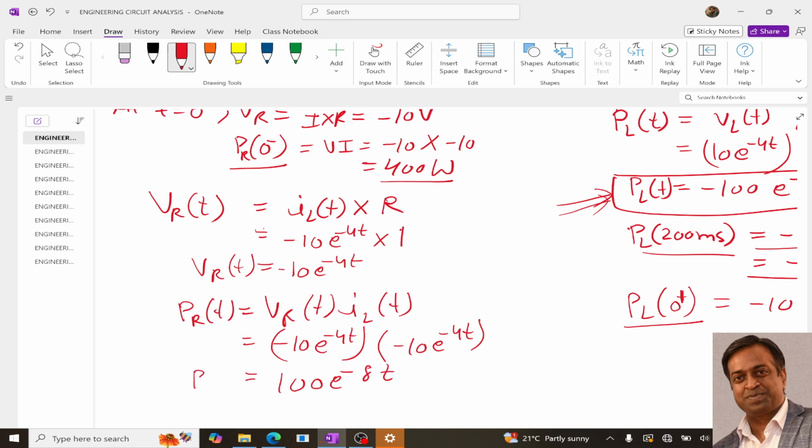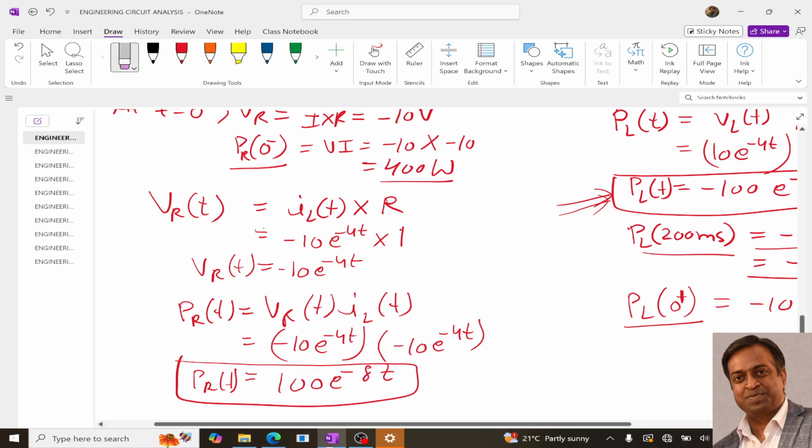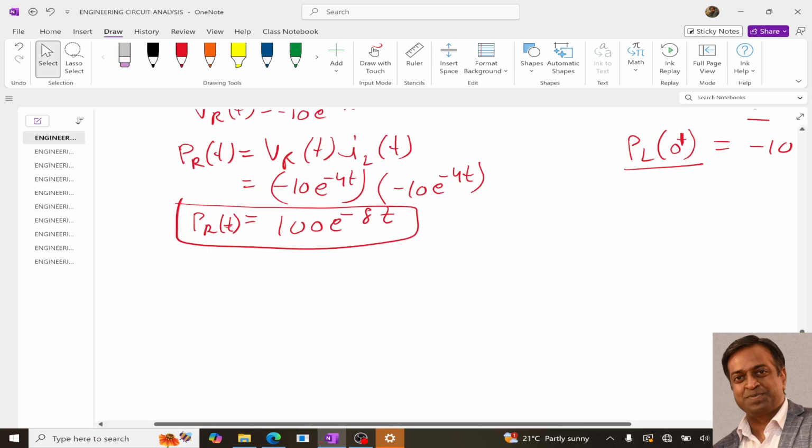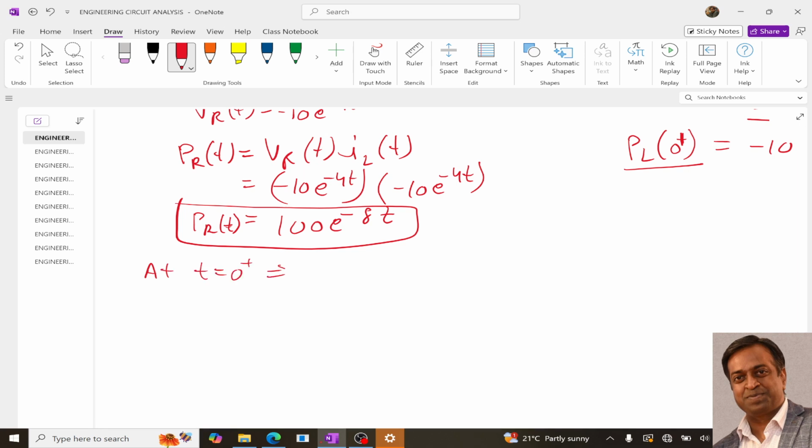Now we can substitute the value at t equals 0 plus. PR(0 plus) will be 100 e power minus 8 into 0, so we get 100 watt, right?